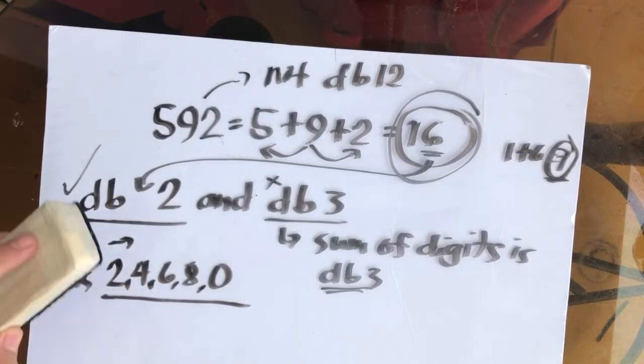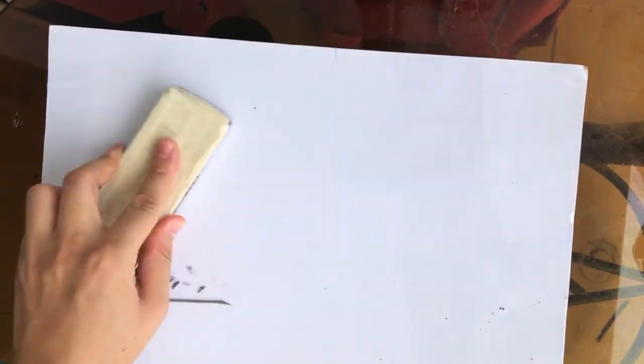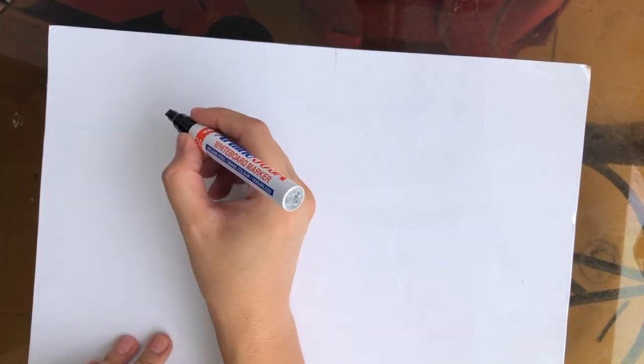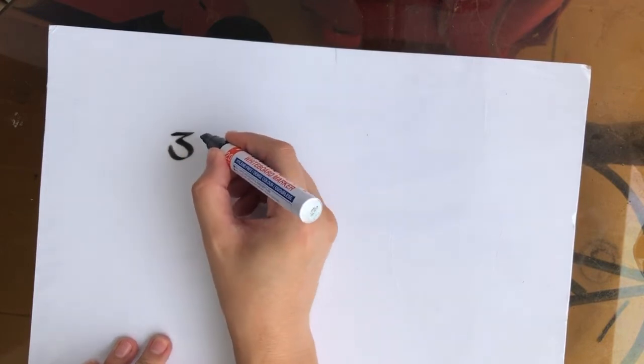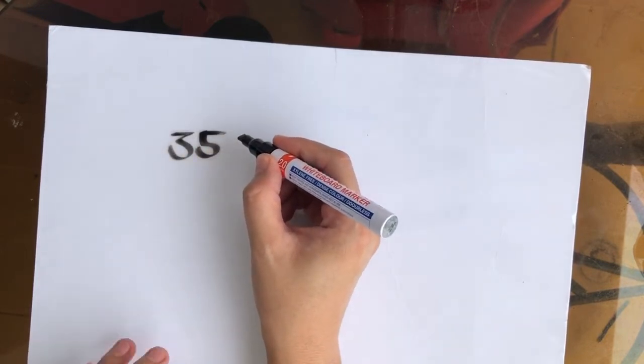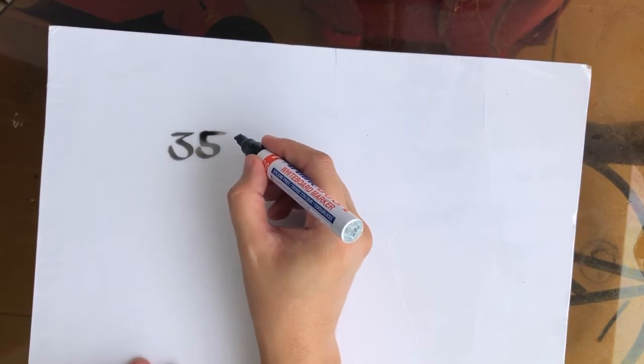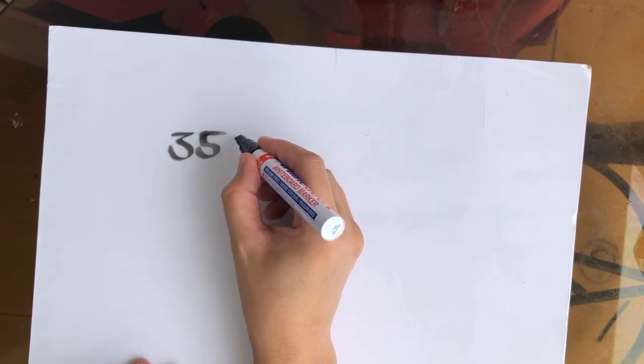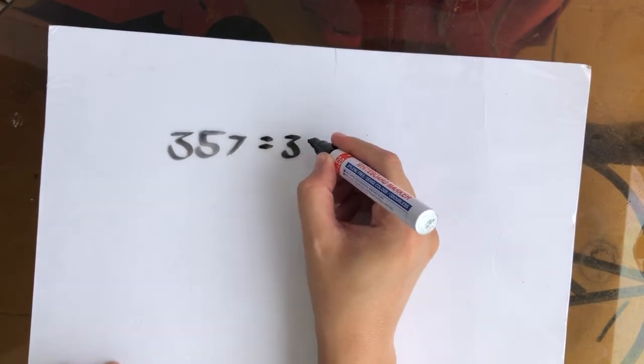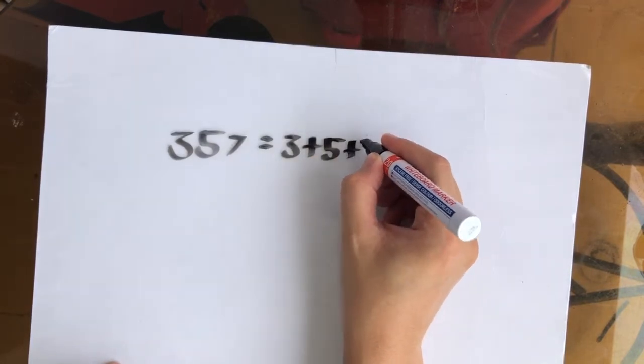Let's try a different example. Okay? So, let's say na our number is 357. Okay, let's try. So, add natin 3 plus 5 plus 7.